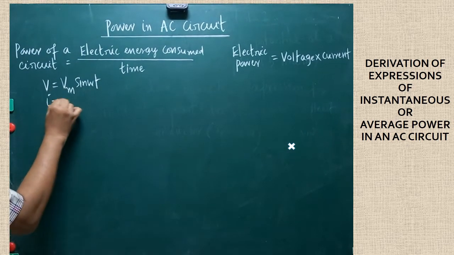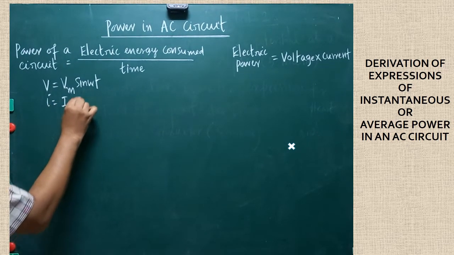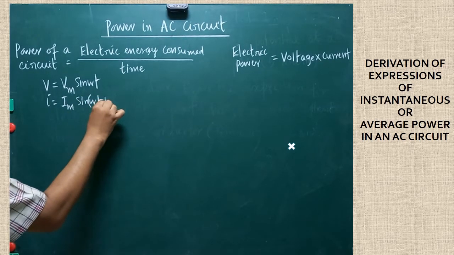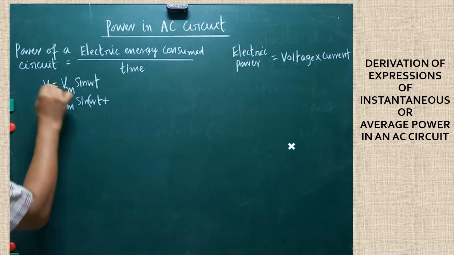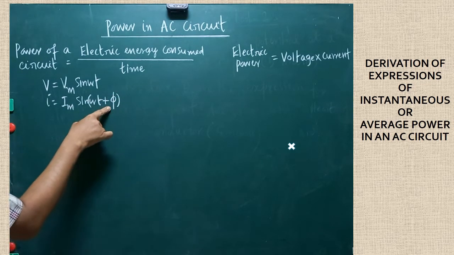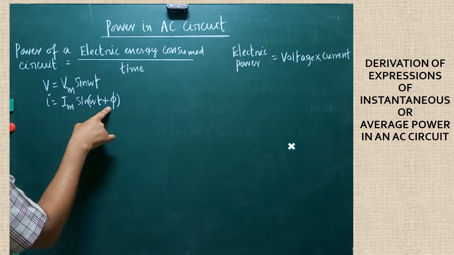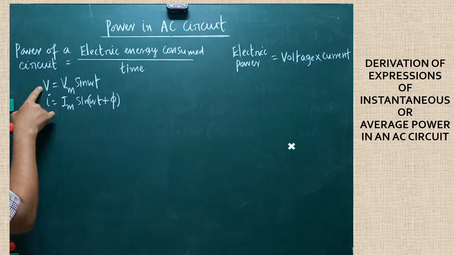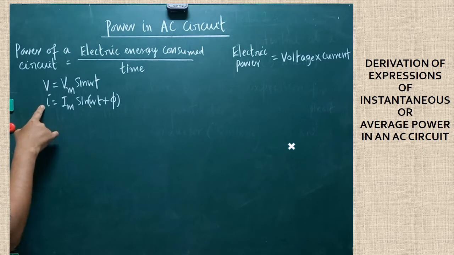I is equal to Im sine omega t plus phi. There must be some phase difference between the current and voltage in the case of LCR circuit. Therefore, I have to introduce the factor called phi. Phi is the phase difference between instantaneous voltage and instantaneous current in the case of RLC circuit. Already you have learnt about RLC circuit.